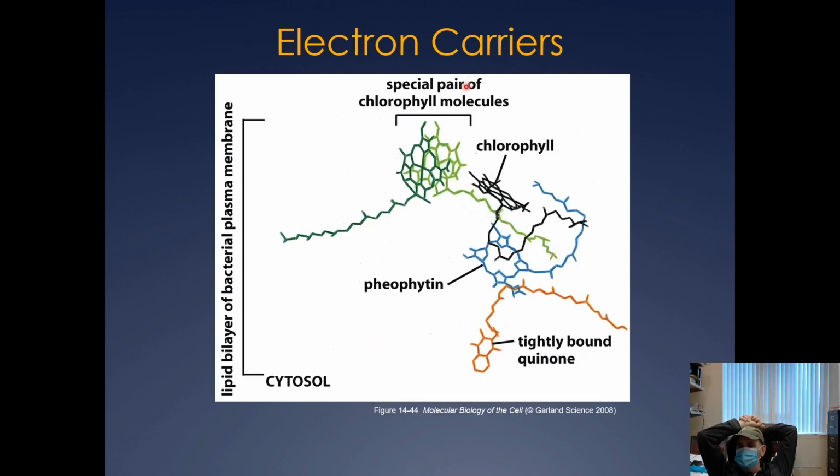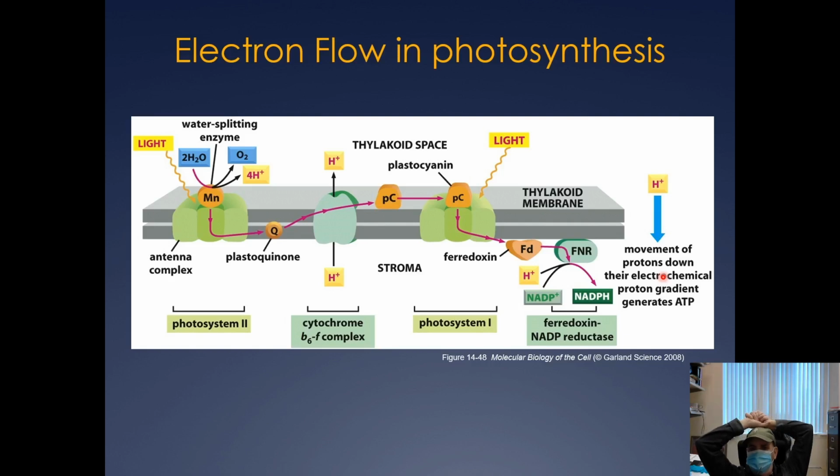Here's sort of the look. There's this special pair of chlorophyll molecules, and the electrons basically go from the central pair of chlorophylls, then through pheophytin, and then down to a tightly bound quinone. And that causes it to become reduced.